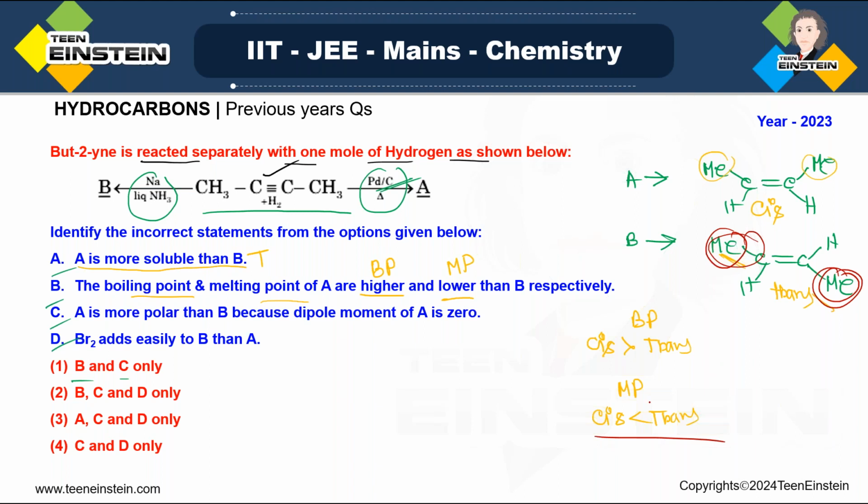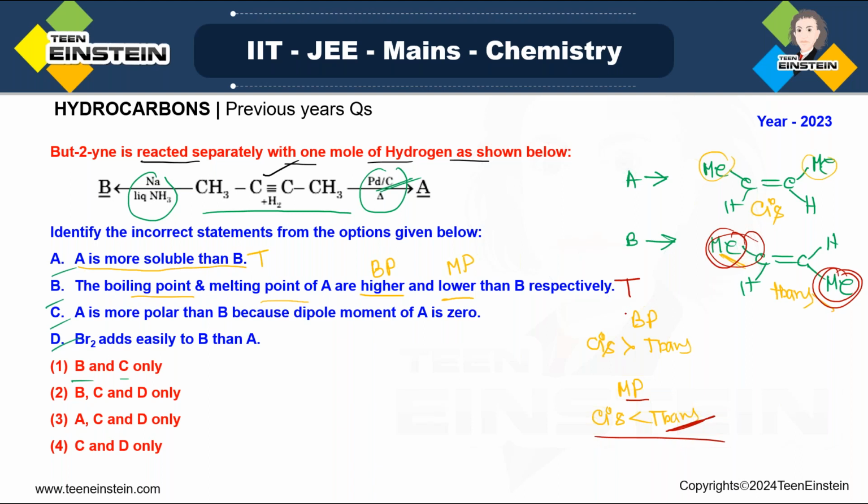And melting point means you are changing the phase from solid to liquid. If the crystal packing is very good, you have to provide more energy. That means higher MP. So that is the reason trans will have higher MP. But for BP it is reverse. So this statement is also true.